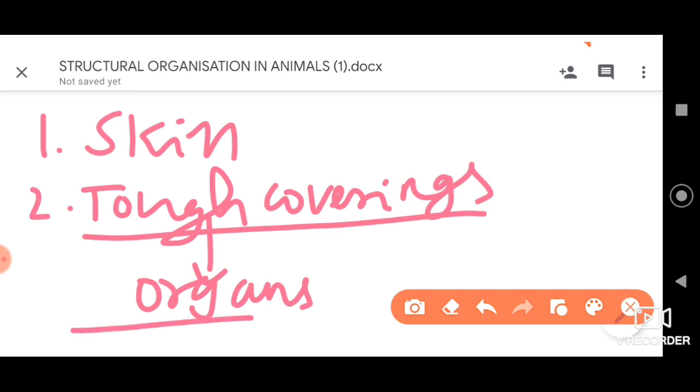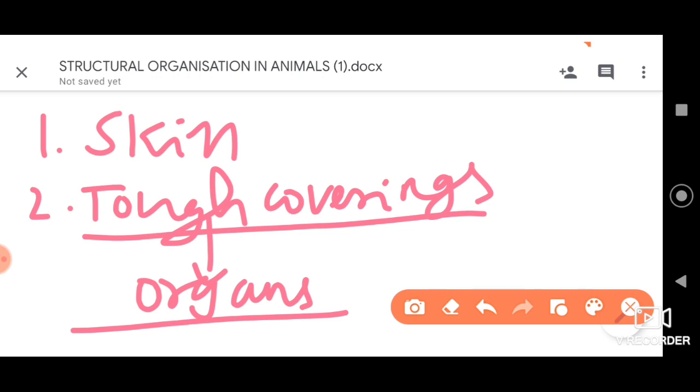For example, in the kidneys or adrenal glands. Adrenal glands are present above the kidneys, so in the kidneys and adrenal glands we can find these dense irregular connective tissues. So dear students, the dense connective tissues are classified into two types.